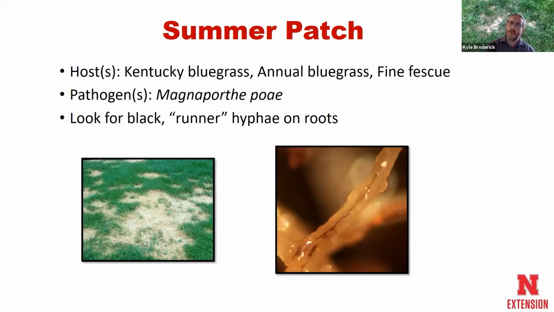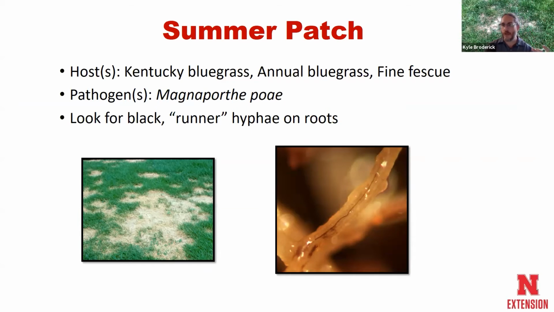The third most common disease that we see in the diagnostic clinic is summer patch. And actually, summer patch may be the most common disease that I see in the diagnostic clinic, primarily because we don't have any good foliar symptoms of this disease.